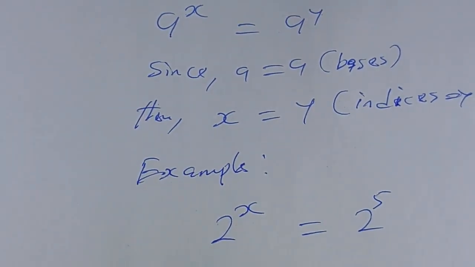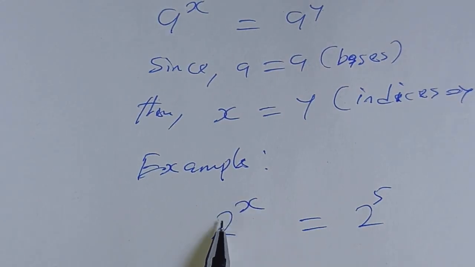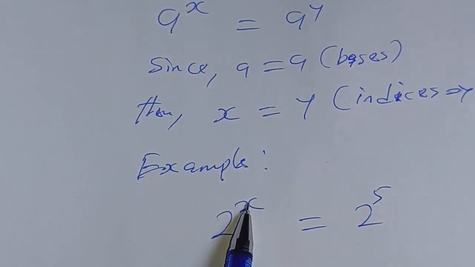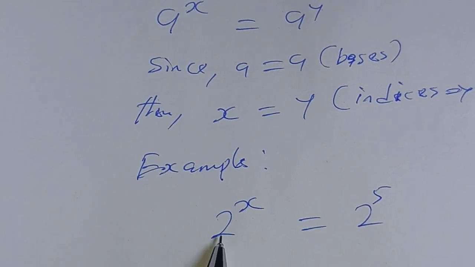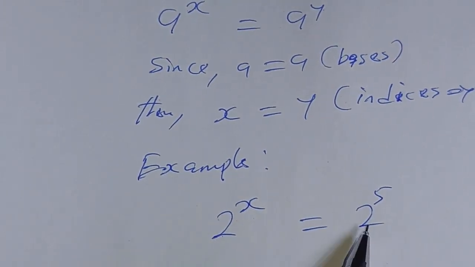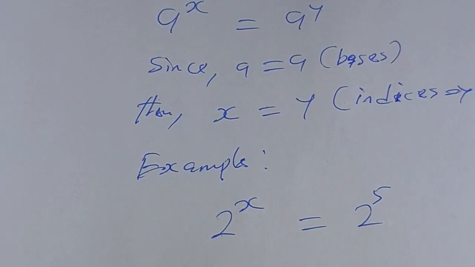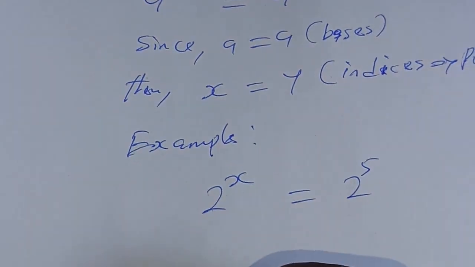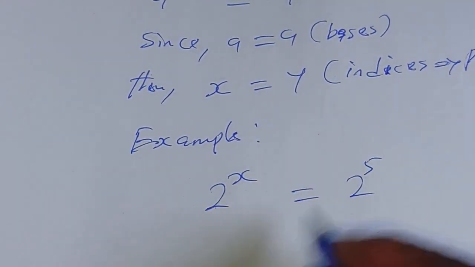Here you can see that the base of this is 2, and the base of this is 2. The power of this is x, and the power of this is 5. So since the bases are equal, 2 equals 2, that means the powers also will be equal.